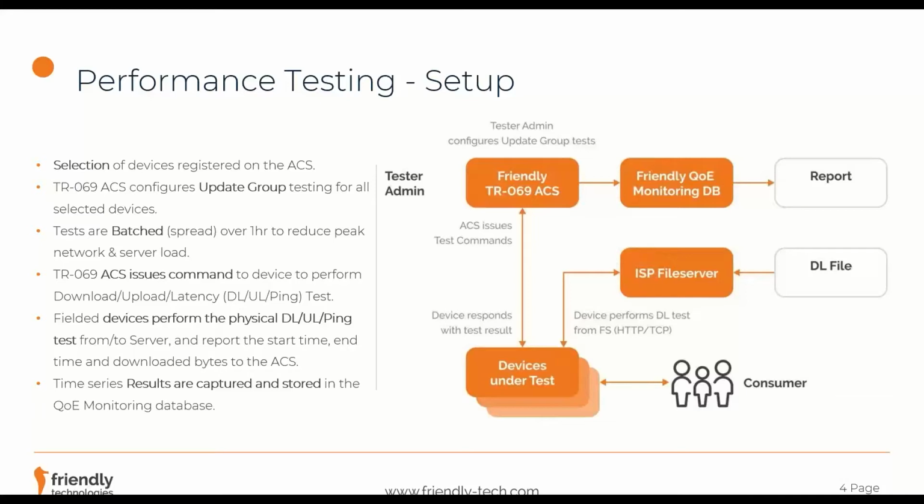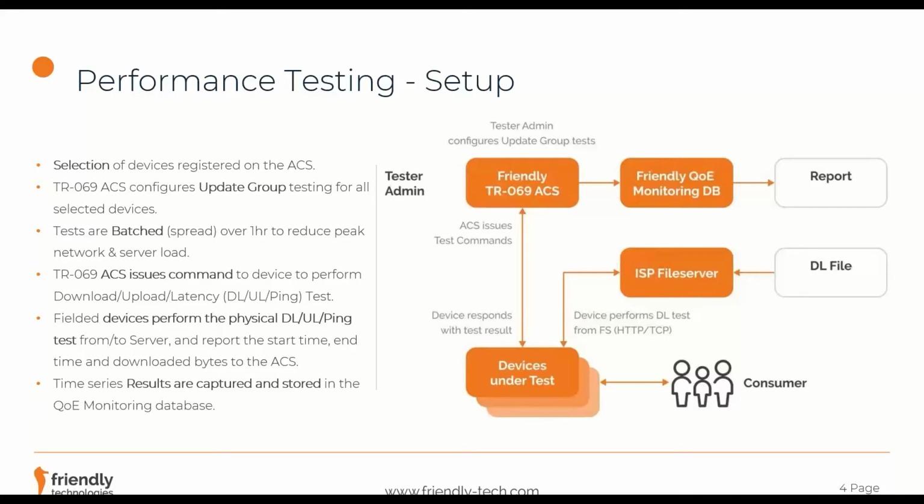Then basically the ACS issues the set parameter values to the devices. So it really instructs the device to do a download test, then an upload test, and then a latency test. It's important to know it's not the server, the ACS, that's actually performing the upload or download test.